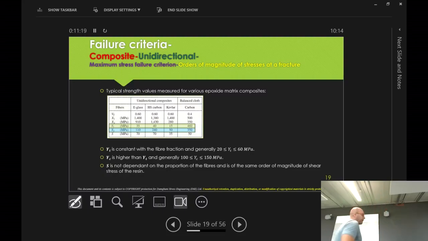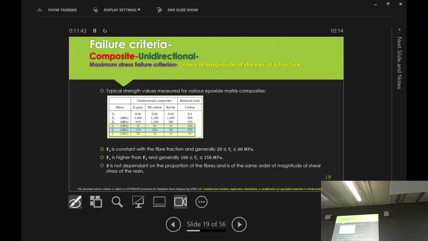And the shear is dependent on the proportion of the fibers. But what I want you to pay attention to is you have E-glass and you've got high strength carbon. They've got the same shear strength. You see? 70-70.